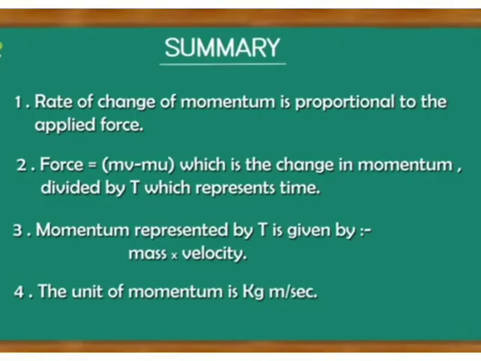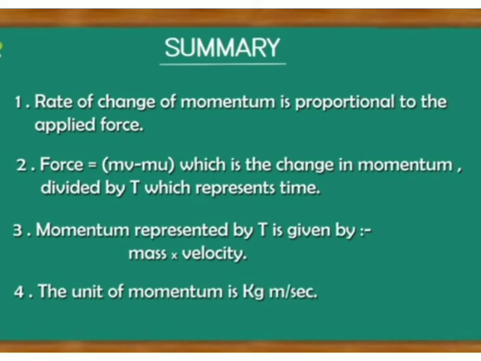Summary: the rate of change of momentum is proportional to the applied force. Force equal to mv minus mu, which is the change in momentum, divided by t, which represents time. Here, force is inversely proportional to the time. Momentum is given by mass into velocity.